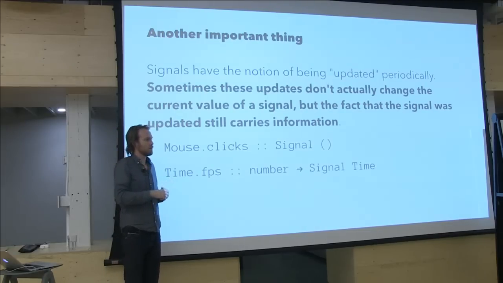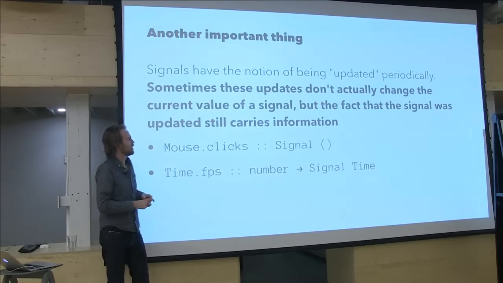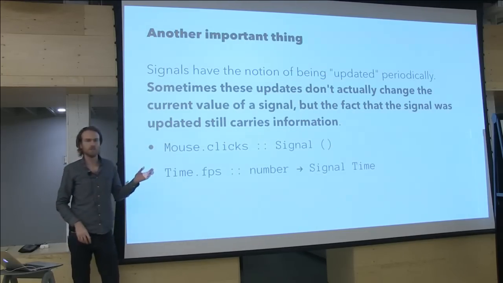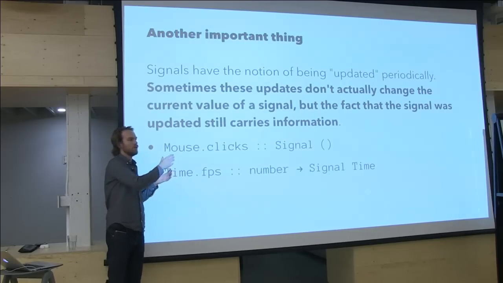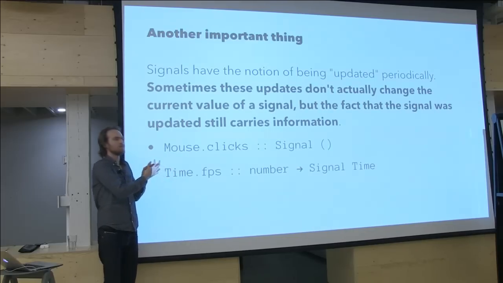A signal has a value and also a frequency that it updates with, basically. It might update 0 times, it might update 1 time, or it might update regularly or not regularly. So it means kind of 2 values, which makes sense because you have time and value. The type signature for a signal is like, you can have a signal of integers, a signal of strings, a signal of tuples of integers.